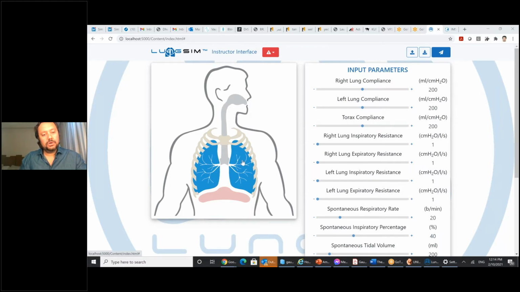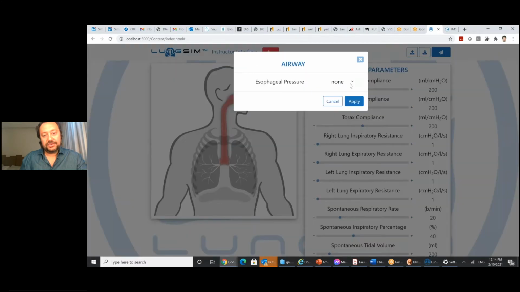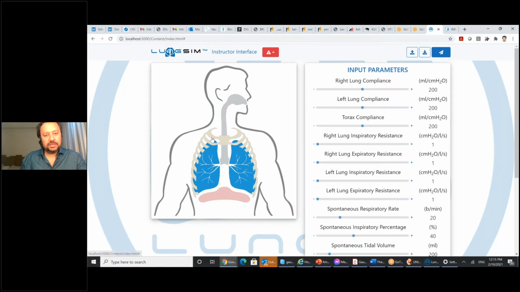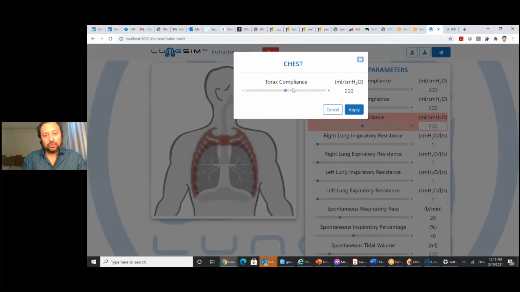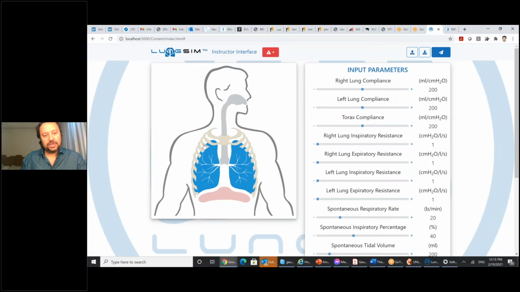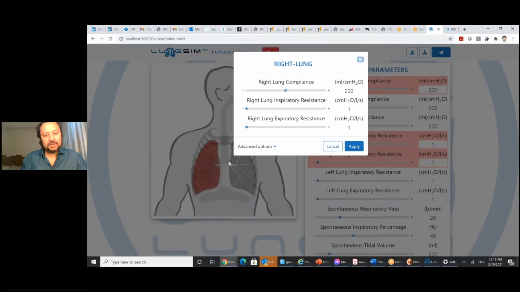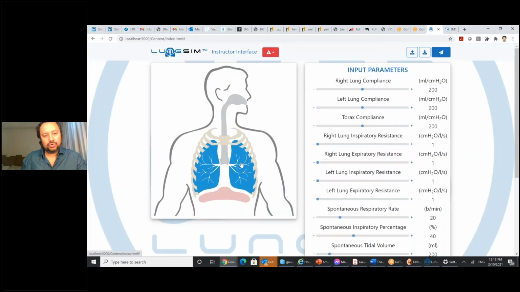So you have the capability of controlling different parameters. So the airway, esophageal pressure, you can change it. You can change the chest compliance overall, increase or decrease. You can go bilateral chest control, lung control.